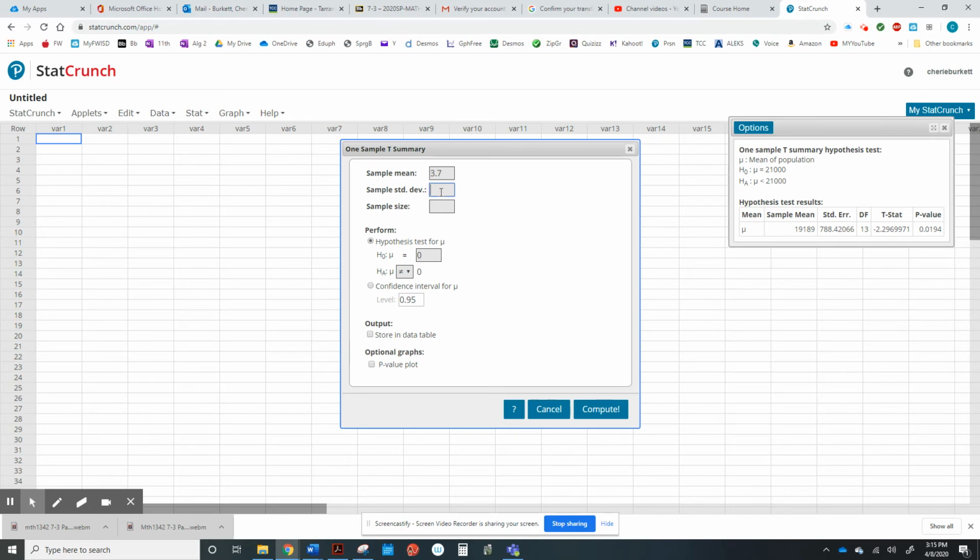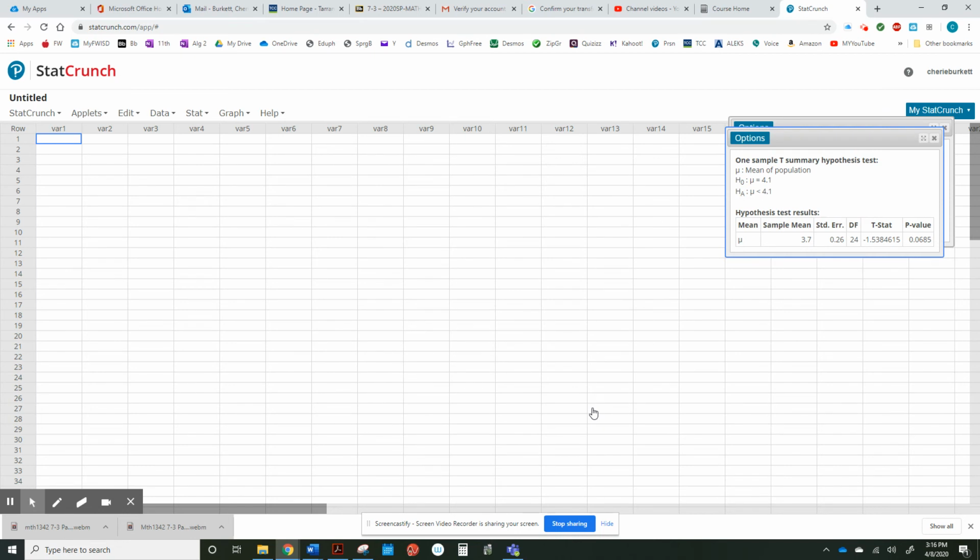The sample standard deviation was 1.3. The sample size was 25. The population mean, the claim that we're trying to determine if it's right or not, was 4.1 years. And the alternative was less than. And we're going to compute. And our actual test statistic is negative 1.538.